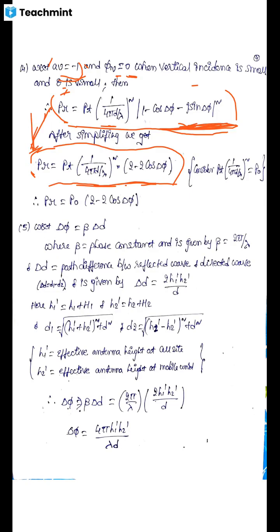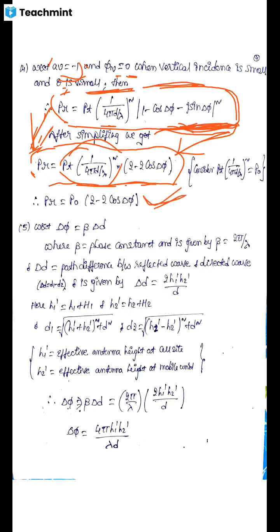After deriving, PR is equal to PT into (1 by 4 pi d by lambda) whole square into modulus of 1 minus cos del phi minus j sin del phi. After simplifying, I had got PR is equal to PT into (1 by 4 pi d by lambda) whole square into 2 minus 2 cos del phi. Now I will take PT into (1 by 4 pi d by lambda) whole square as P naught. Then I will get the expression PR is equal to P naught into 2 minus 2 cos del phi.